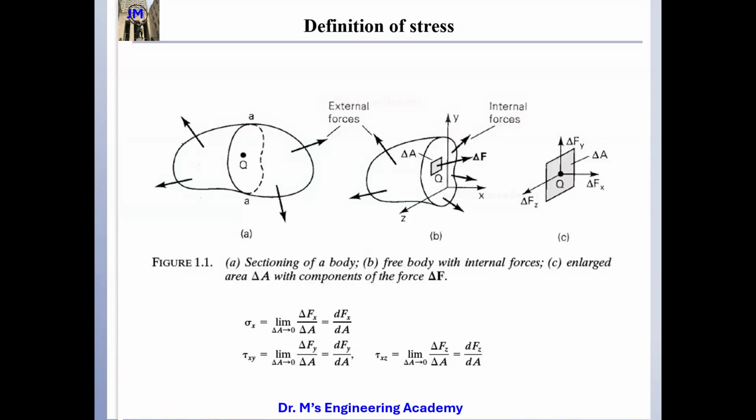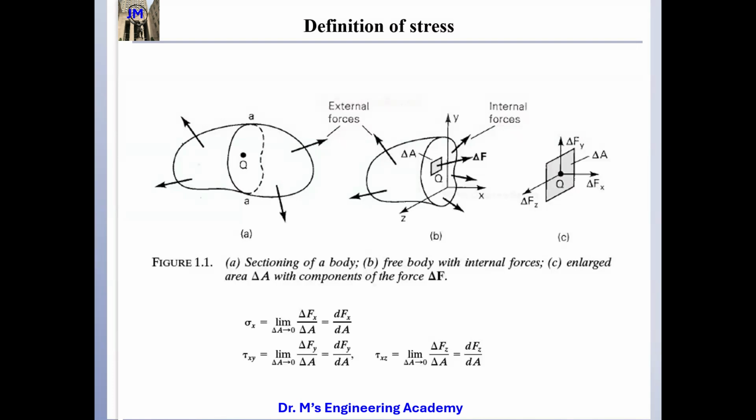So this is the point, this area, and these are the three forces. I can write this as sigma x. Stress can be interpreted as force per unit area.